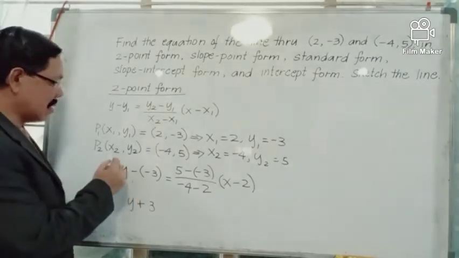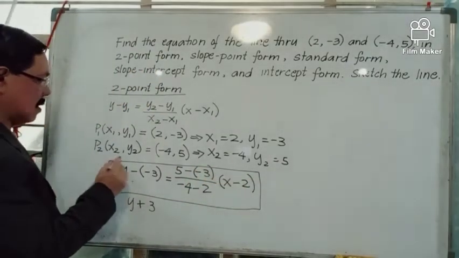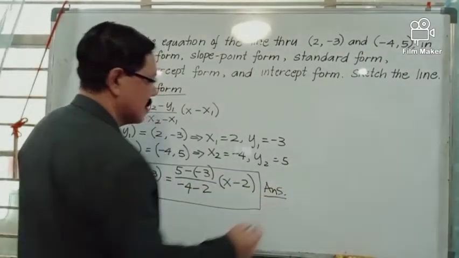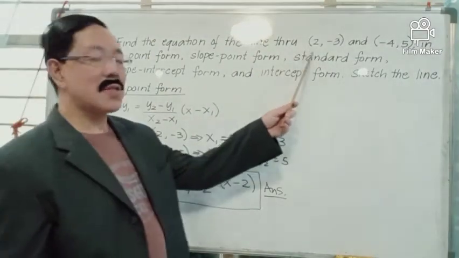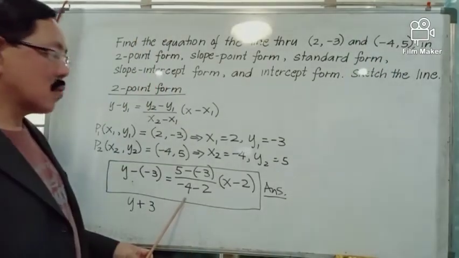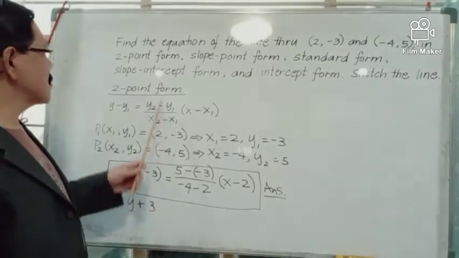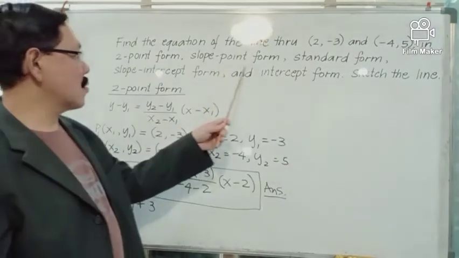This is actually the 2-point form. This is the equation of the line through the points (2, -3) and (-4, 5) in 2-point form. And we simplify this equation to get the slope-point form.